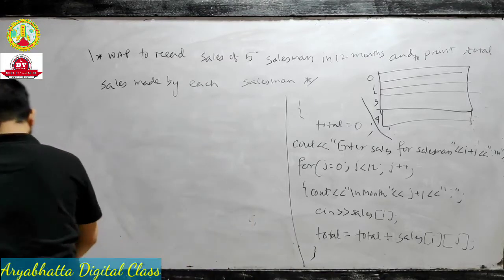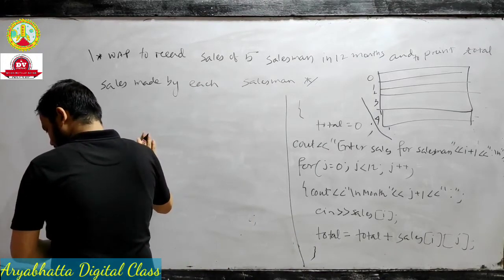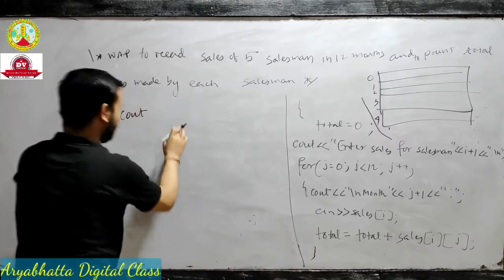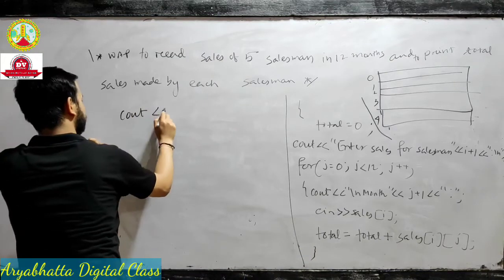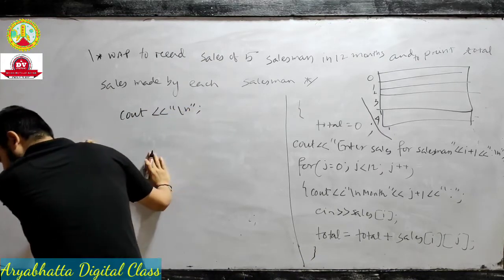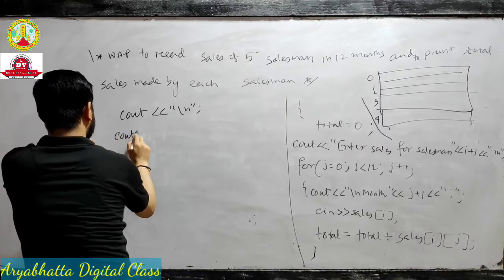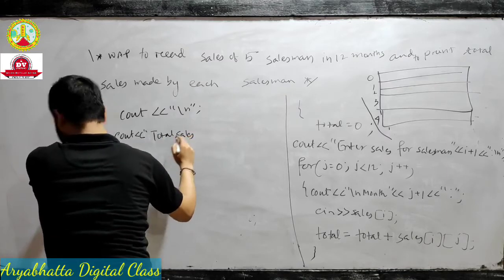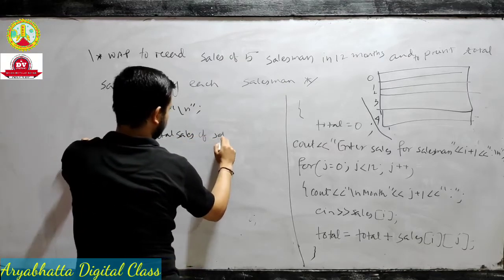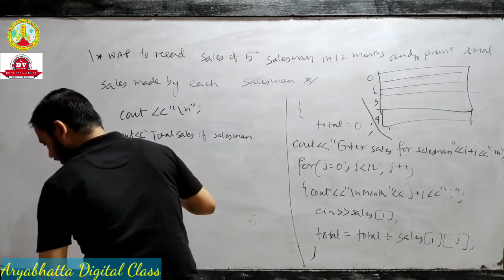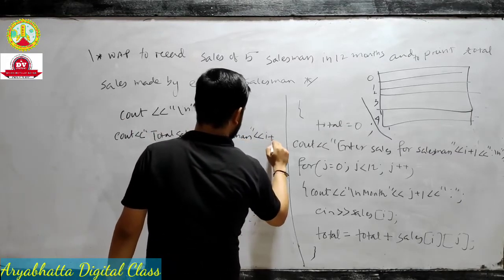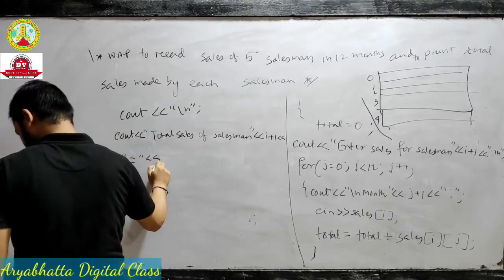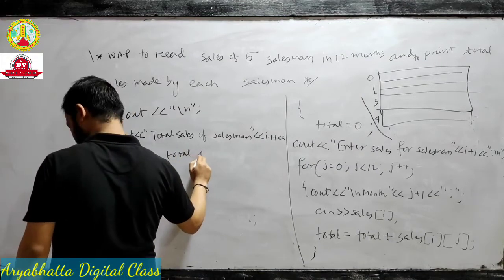I write the remaining part like this because there is not enough space. See, after this you write cout backslash n, and the last one is cout total sales of salesman i plus 1, total.